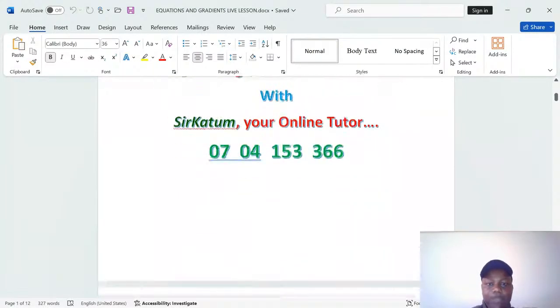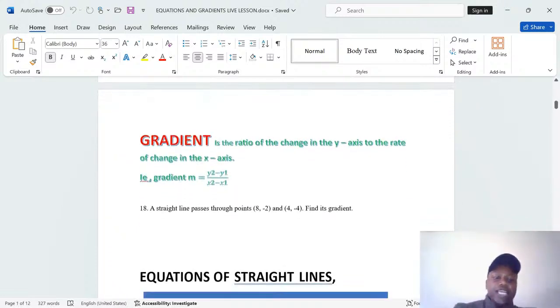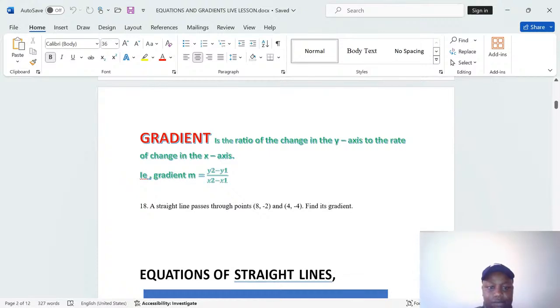I will start by defining what a gradient is, and this is simply the ratio of the change in y to the change in the x-axis.